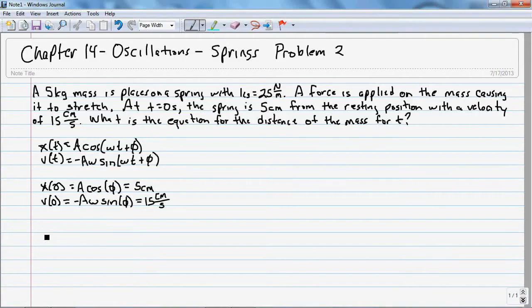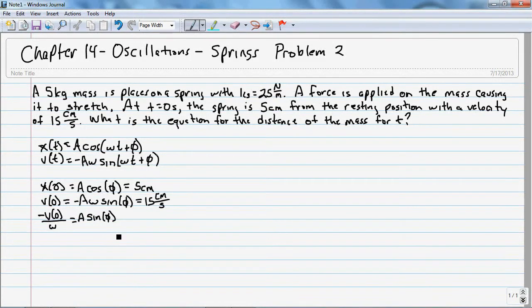Now, how do we solve for a and how do we solve for phi? Let's solve for the sine function. We want a sine phi, so that's going to be equal to negative of the velocity at 0 divided by omega.